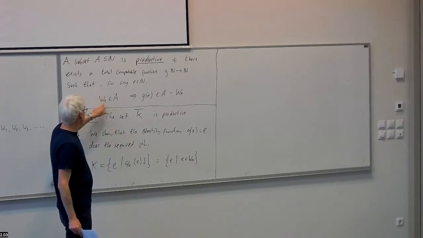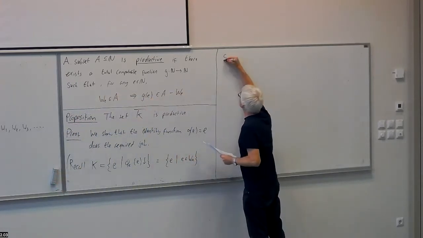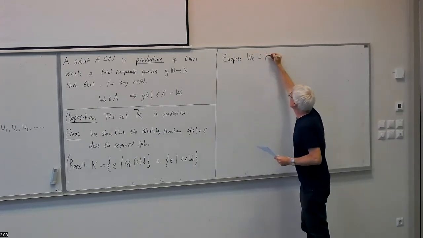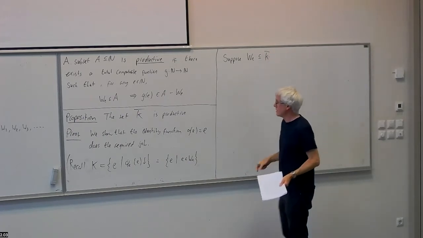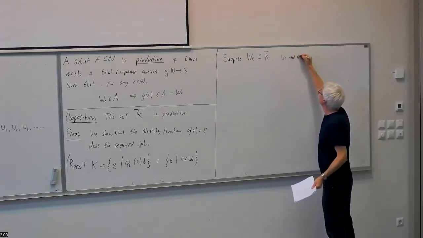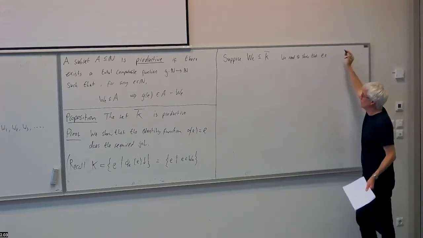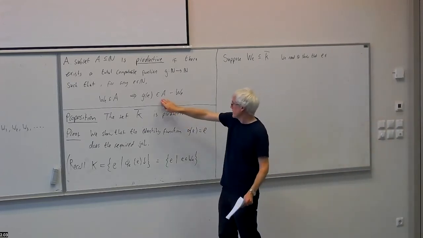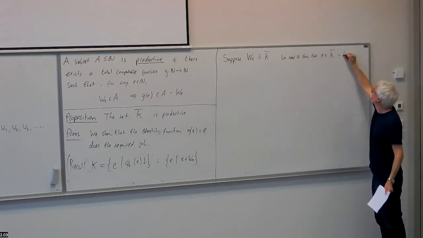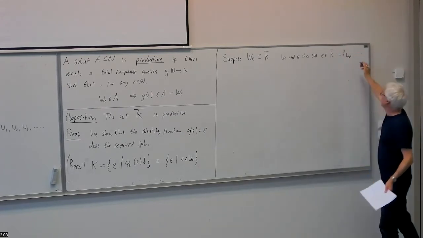Let's suppose that WE is a subset of the complement of K. What we need to show is that G of E, that's E itself, belongs to the set we're showing is productive, that's the complement of K with WE taken away from it.